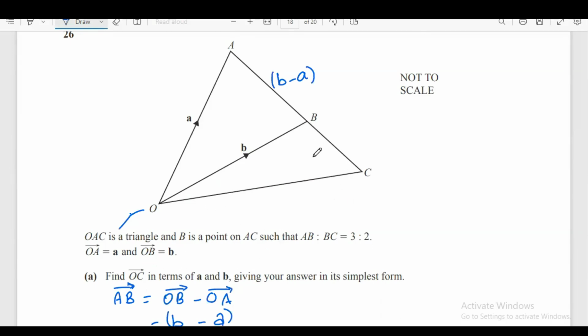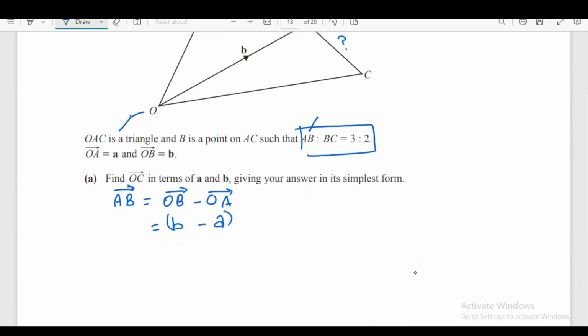Now, to find OC, we should know vector BC. We have the ratio of AB and BC, which is 3:2. So we are going to use this ratio to find BC, because we now have vector AB, which is b minus a.